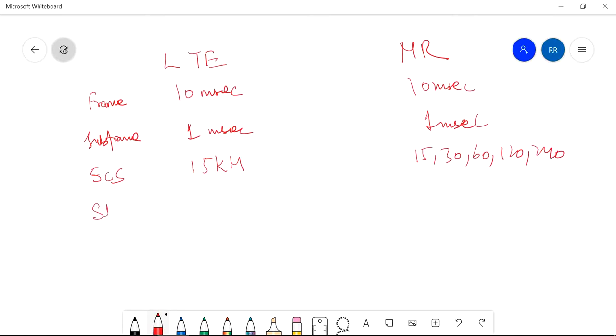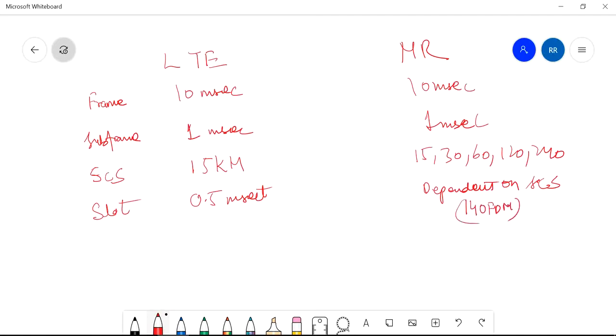Now the slot size. In LTE it is fixed at 0.5 millisecond, but in NR it depends on the subcarrier spacing, and one slot has 14 OFDM symbols.